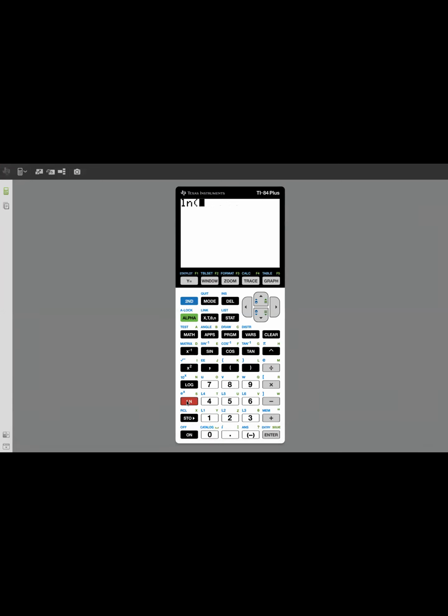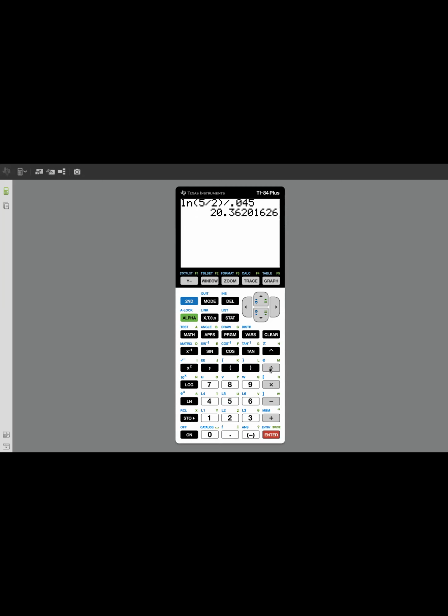So I'll take natural log, and it opens parentheses automatically. I'm just going to type in 5 divided by 2, and then close my parentheses. And then that is divided by 0.045, and you hit enter to calculate that.